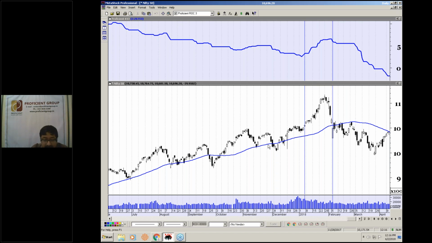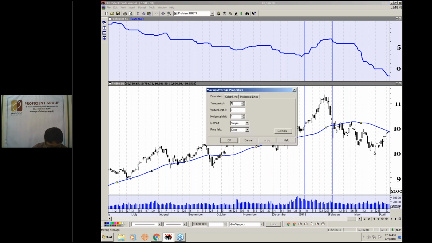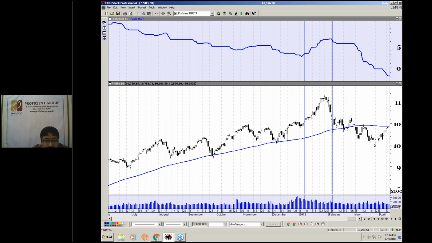In order to do that, we have to use a particular moving average, right? A 100-day moving average is good enough for this, because it takes care of the longer-term time frame. So the logic is that a downward slope in KST will be acceptable only if prices go below the 100-day moving average.